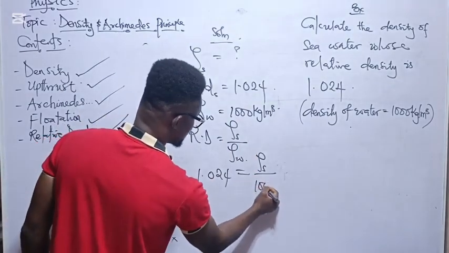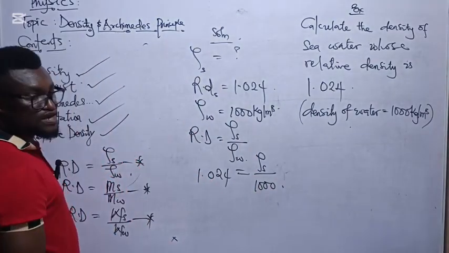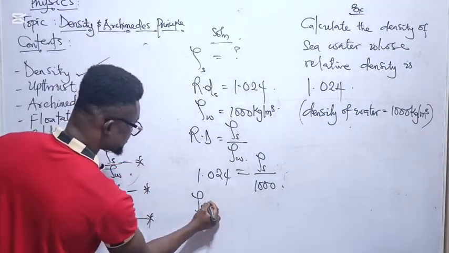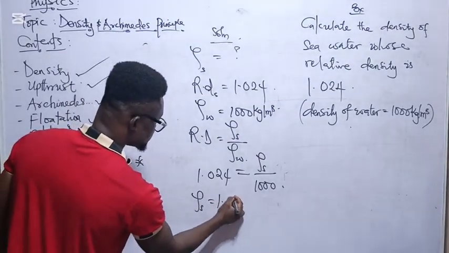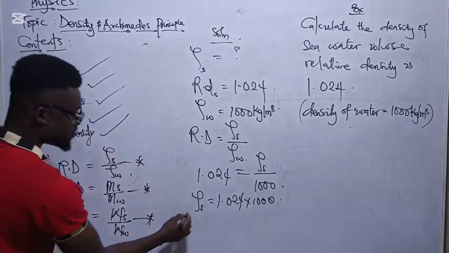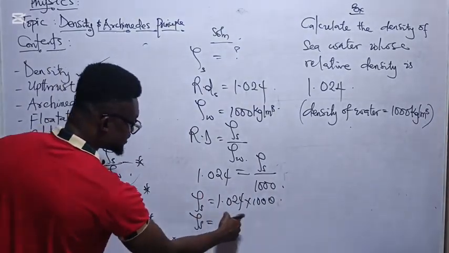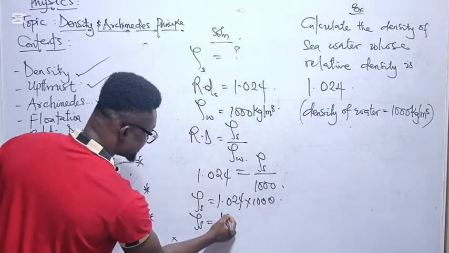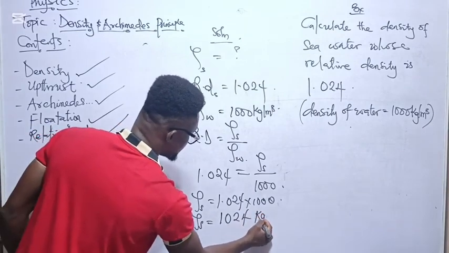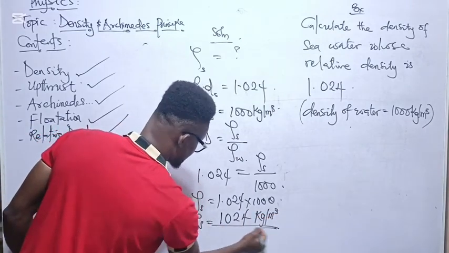Density of water now is 1000. So at this point, we cross multiply. If you cross multiply, you have density of a substance equals 1.024 times 1000. If you multiply this, density of a substance now becomes 1024. Density is measured in kilogram per meter cube, and that gives the solution.